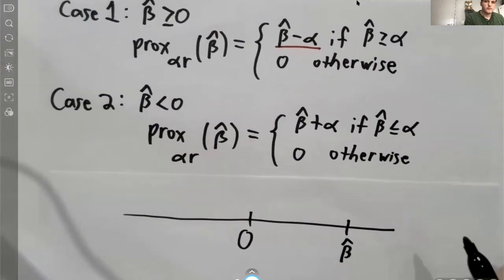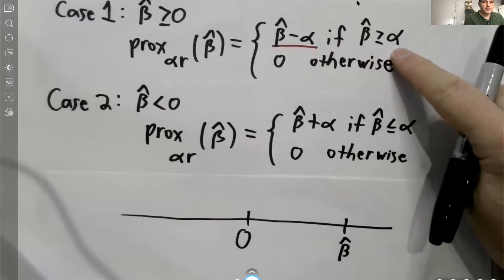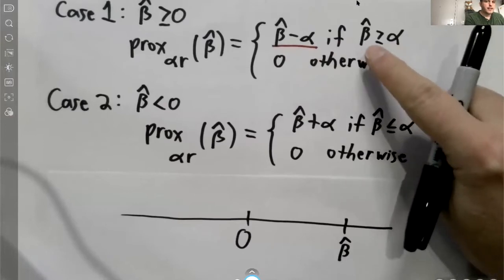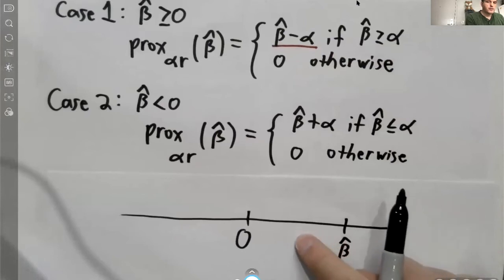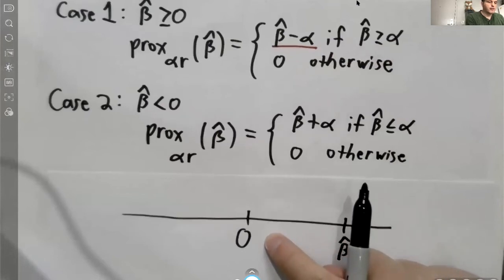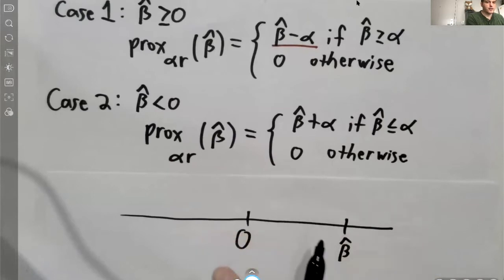That's the answer. But this formula only applies if beta hat is greater than or equal to alpha. If beta hat is less than alpha, then when we move towards the origin a distance alpha, we would actually cross over to the other side into negative territory. And that would be moving too far.